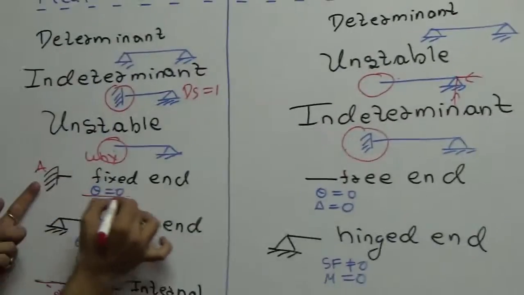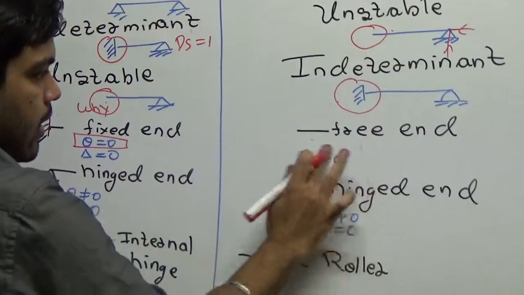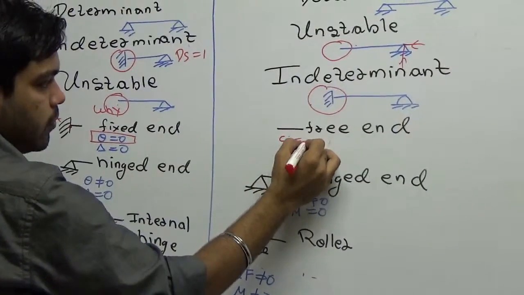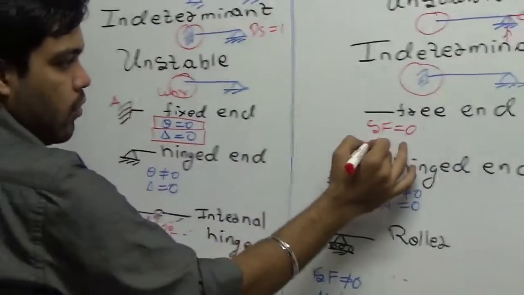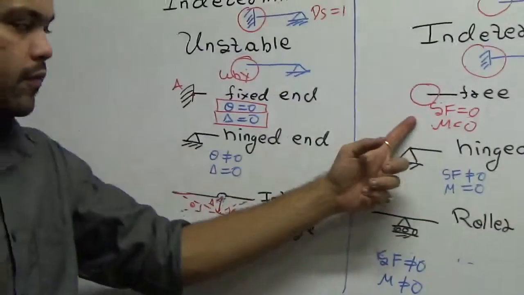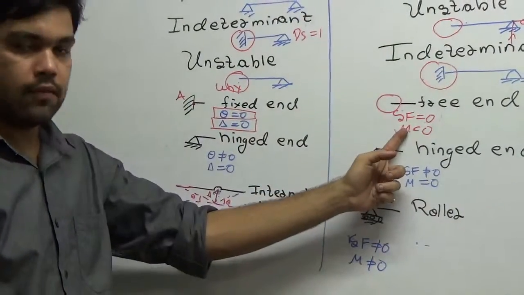So if the slope is equal to 0, then in the conjugate beam, your shear force should be 0. And if your deflection is 0, then in the conjugate beam your moment should be 0. So a free end will have neither shear force nor moment. That is why the fixed end is given as a free end.